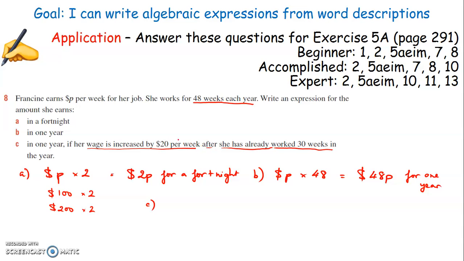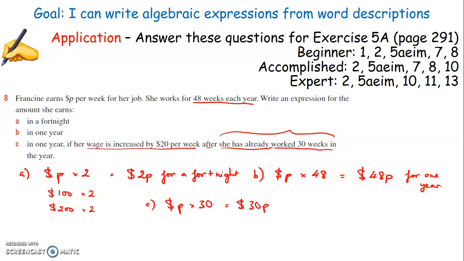now because this first bit here is after what happens here, I'm going to work with this part first. She has already worked 30 weeks in the year, and we know how to write an expression for that. She used to earn P dollars per week, and she did this for 30 weeks. So it's going to be P times 30, or 30p.